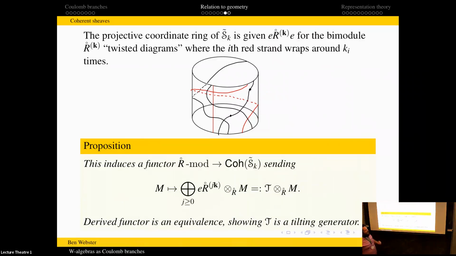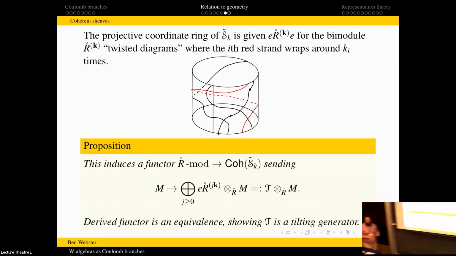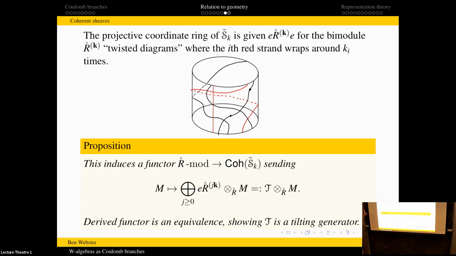Now you might say, wait, you've only talked about the Slodowy slice as an affine variety, but it has this resolution that's very important. So I'll just say, you can get that resolution in this language as well. That's Proj of some graded ring, and I can write down that graded ring by adding in rotations of the red strands around the cylinder.